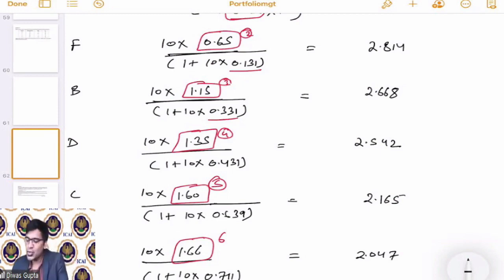So basically this 2.814 which has come here is also in absolute terms itself. Okay, so that is how the formula is built in. If we use decimal, then it would not be right.